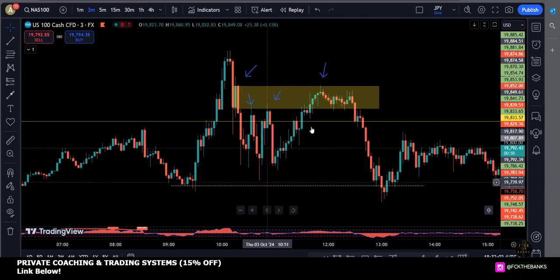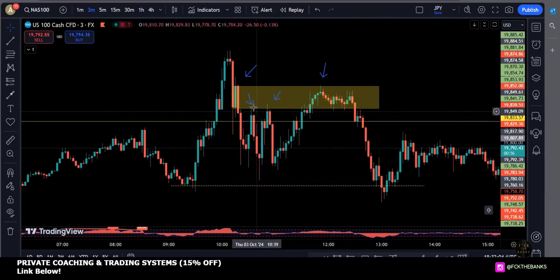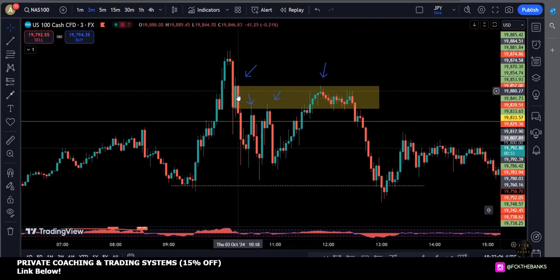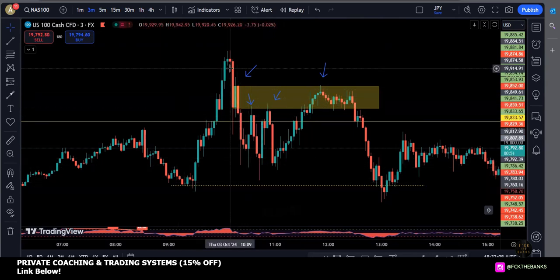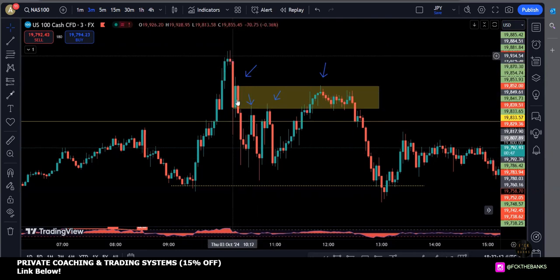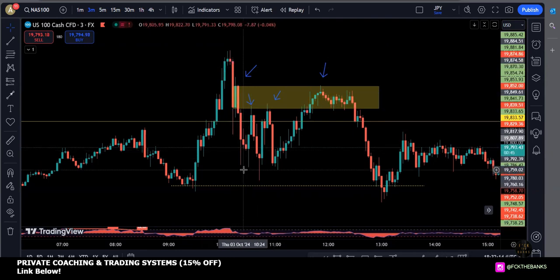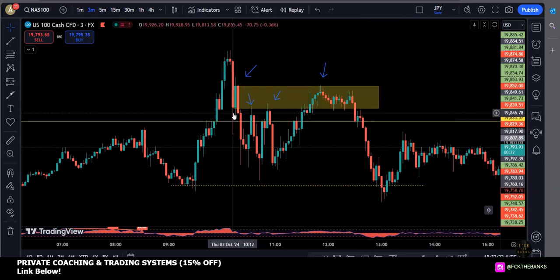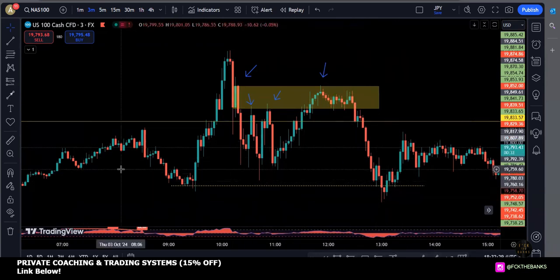As you can see in here, price came back like a magnet into this zone. Remember that I said the zones are going to be in a significant move, and price is going to come back to a level, which is the zone. The zone is represented by this candle, and eventually price reached its final destination, which was this low.